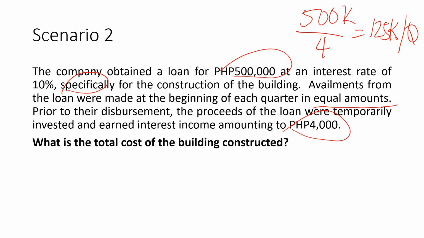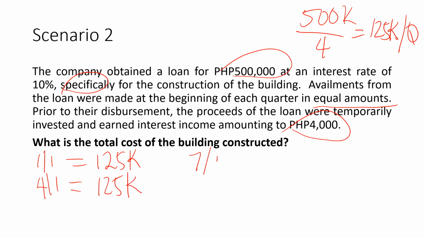So, ibig sabihin, yung first 125,000 nakuha natin ng January 1. Yung second 125,000 nakuha ng April 1. Noong July 1, nakuha natin yung another 125,000. And yung last, nakuha natin ng October 1.